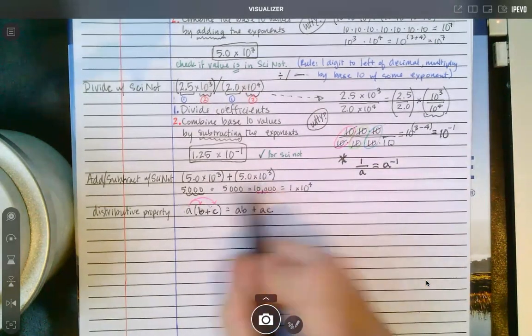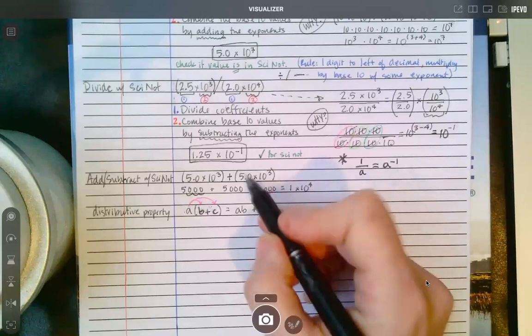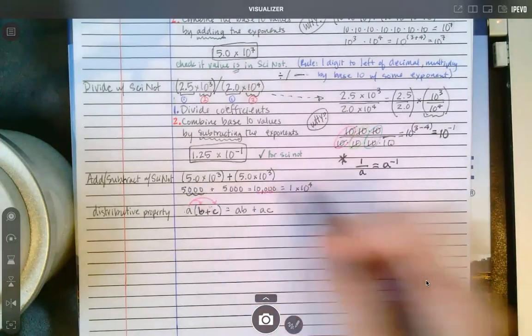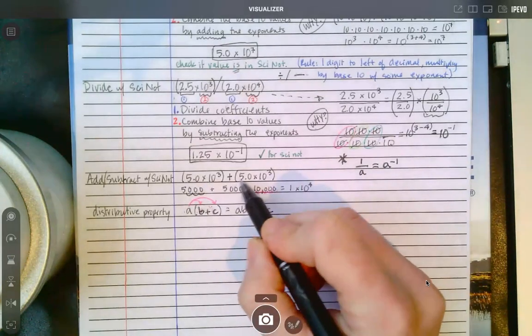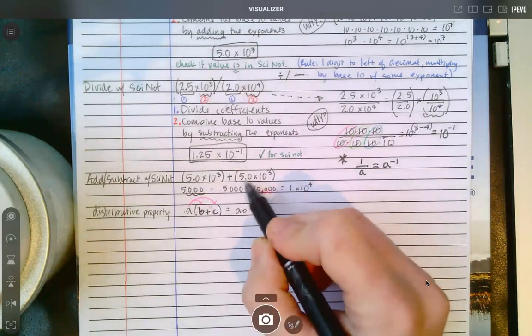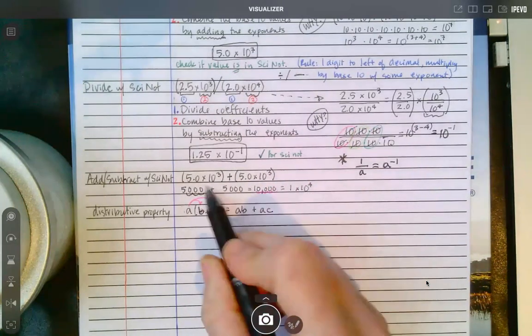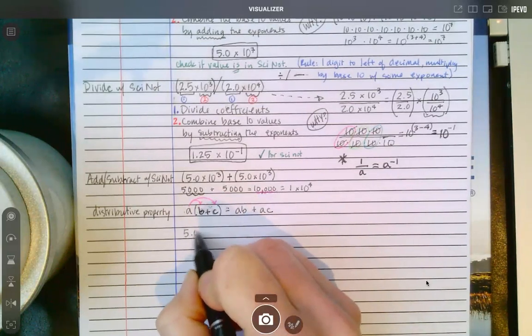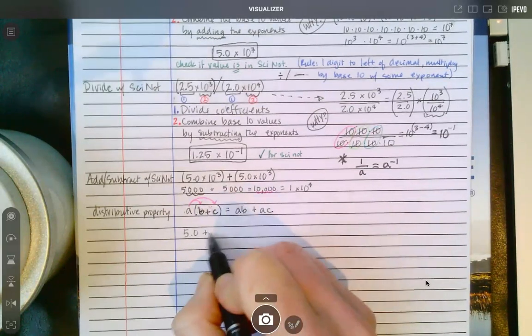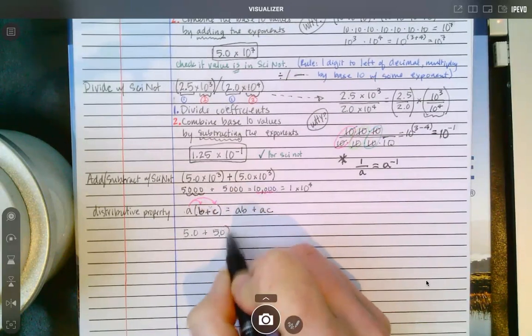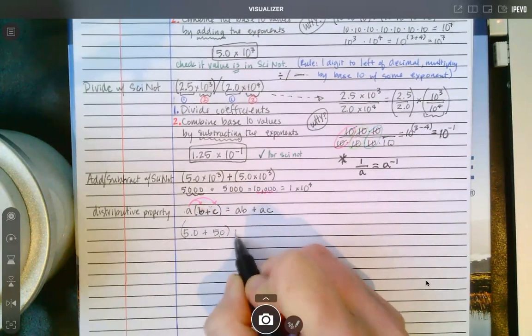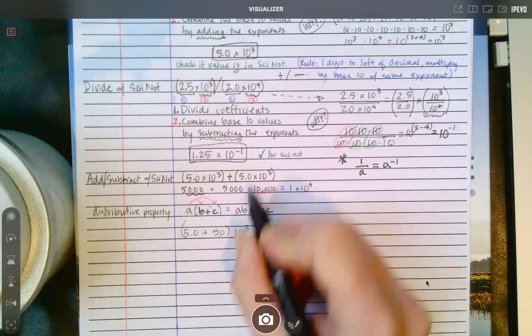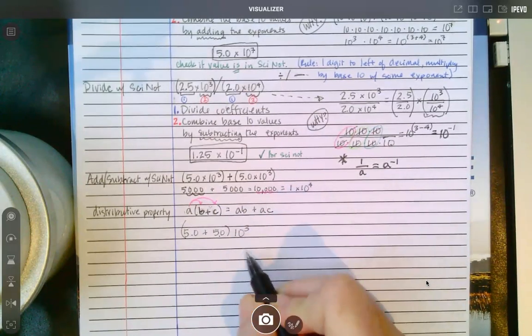This can be factored out of both of those values, and then we can add them and rearrange them, if you will. So if I take this value plus 5.0, and I have now rearranged this to be factored out, okay?